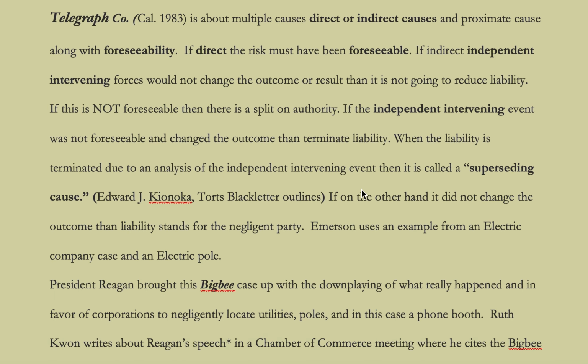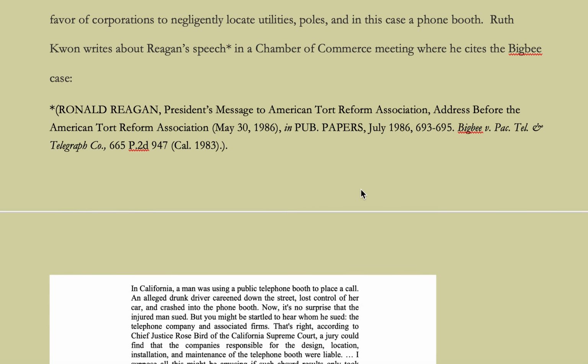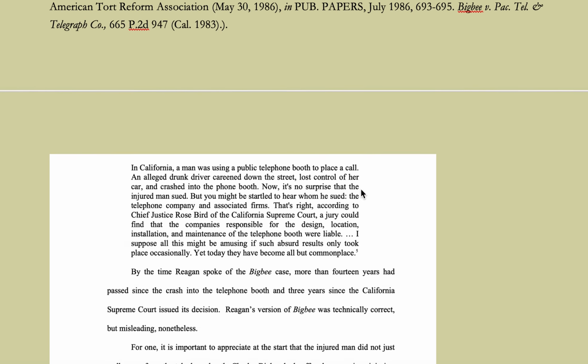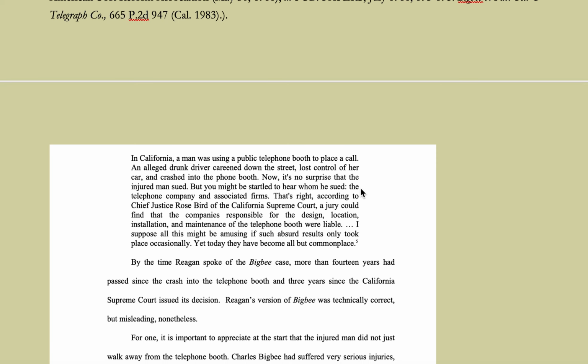let's scroll down to the Bigbee case, because Ronald Reagan in the 80s did not want to pay high taxes. He wanted to make it so the rich didn't pay high taxes, and also the companies that people had stock in did not pay high taxes, so the stock would go up.